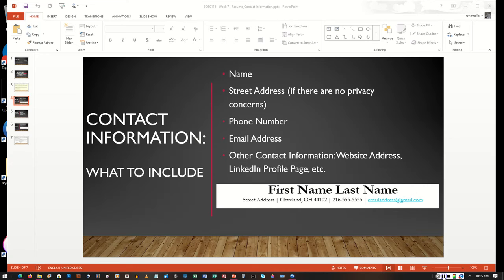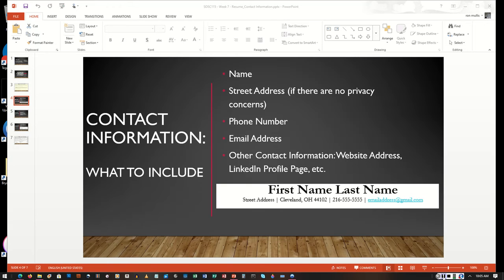The first thing is that if you have some privacy concerns, you can leave out your street address or your address information, and that's understandable. You don't want to give your information to the wrong people or the wrong employer.